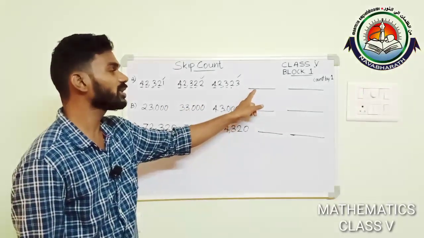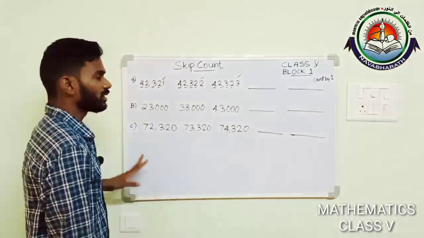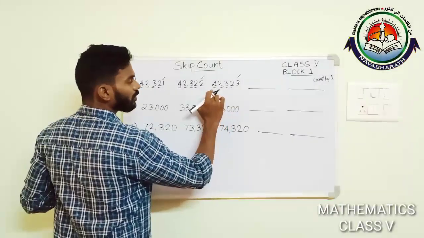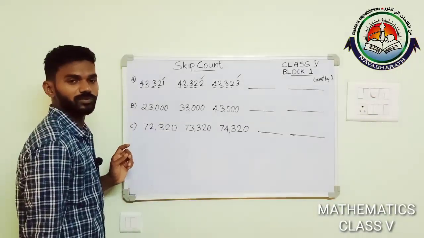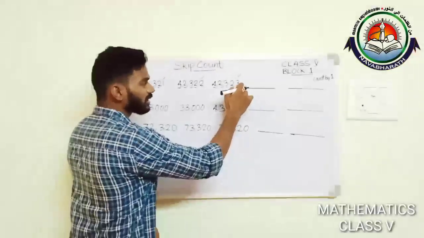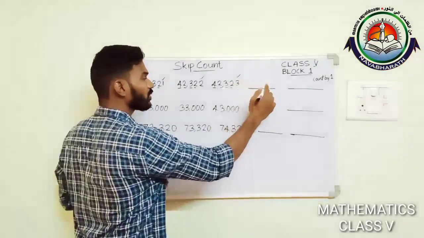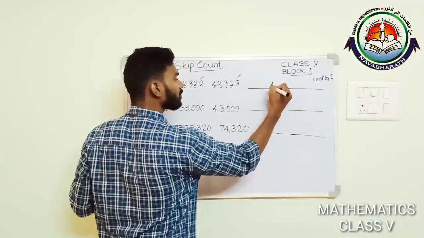So what would be the remaining 2 numbers? There is no change for any digit except the one at the ones place. The ones place, here it is 3. It would become 4.